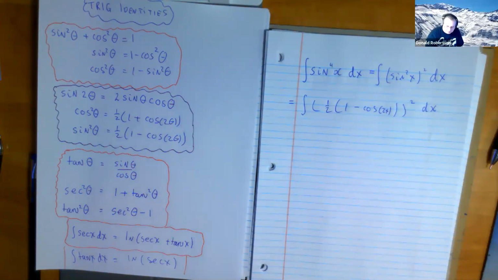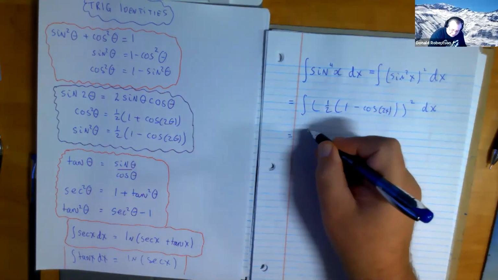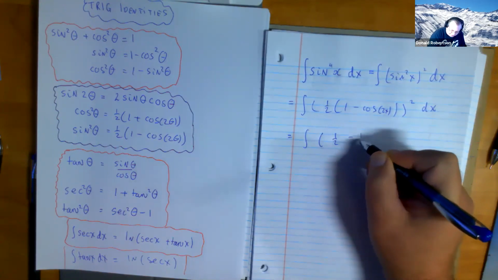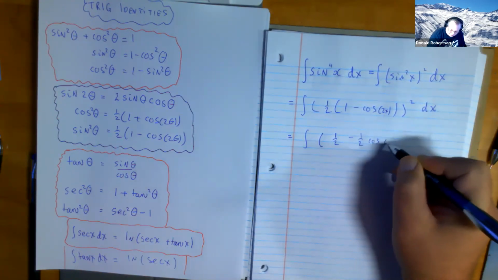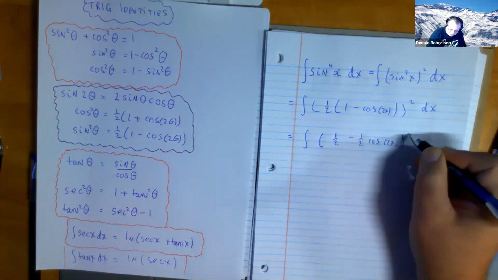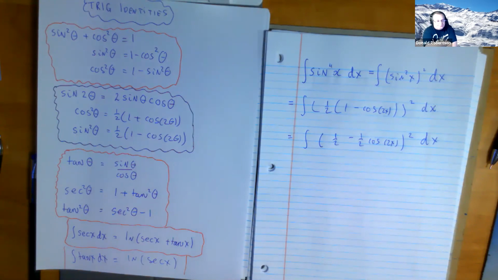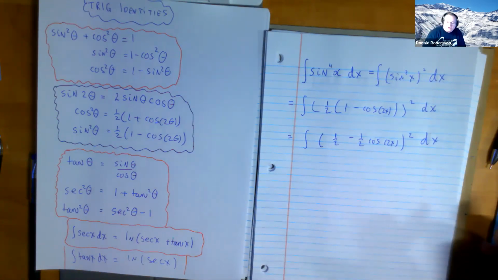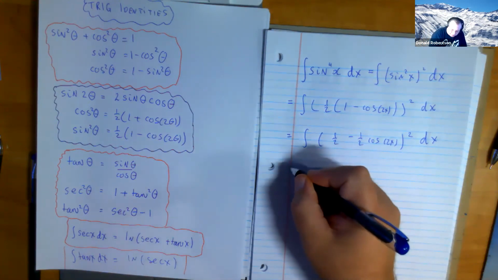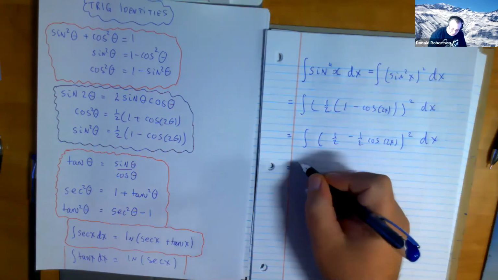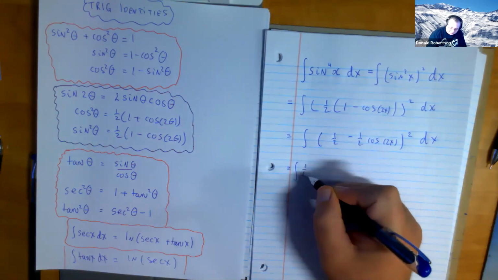We're good? Now, all I'm going to do here is distribute this thing. And it does mean I've got some messy fractions. But we're now there. So what I'm going to do next is FOIL this out. And that's going to get me a quarter.